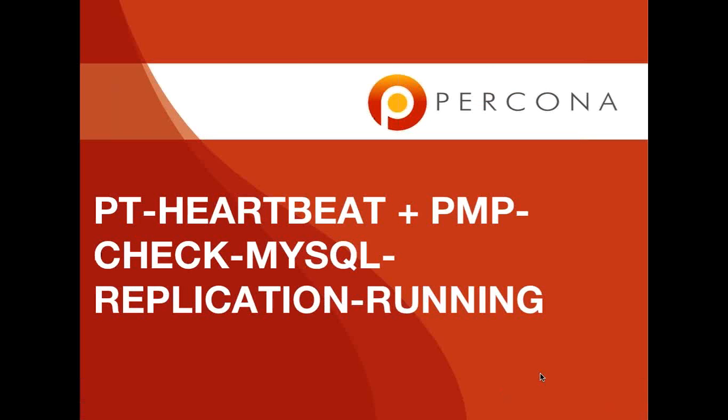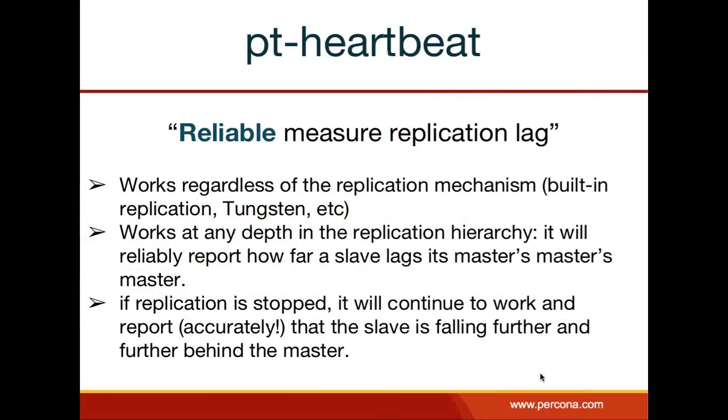Now, let's start with Percona Toolkit itself. First, I'm going to talk about pt-heartbeat, which can work with the Percona Nagios plugin check for MySQL replication running. So, what is pt-heartbeat?